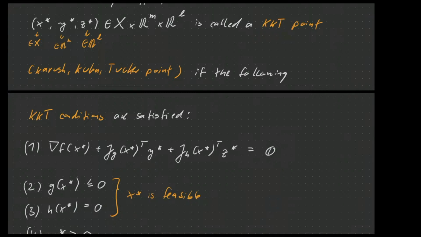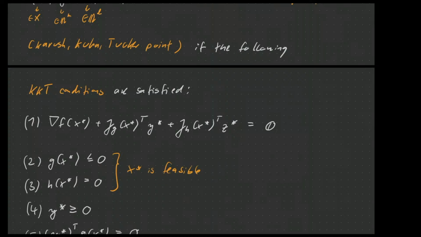For those c multipliers, basically the same thing as before holds. You get an equation that's a little more general. So again, that's the gradient of f. This part is familiar, right? Jh times the c multipliers. Plus, and now you add a term that looks very much the same as this c part here for the inequality constraints, where you use the Jacobian of g, the inequality function, times those inequality multipliers.